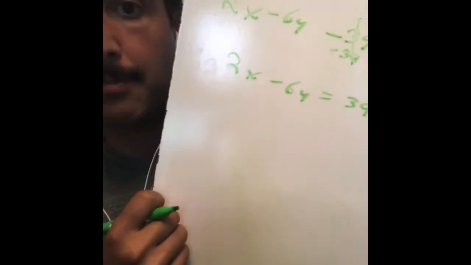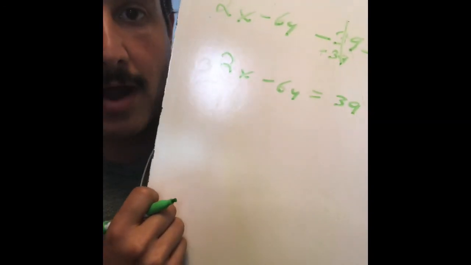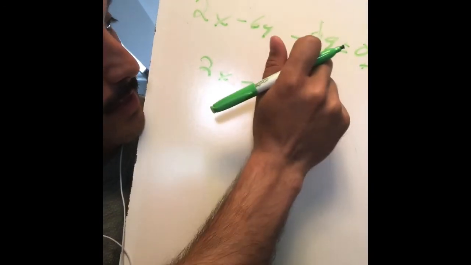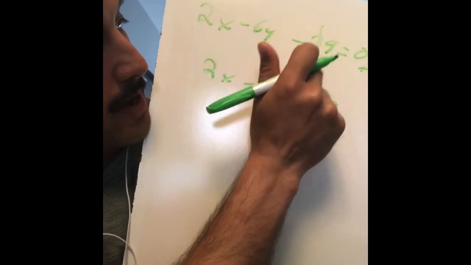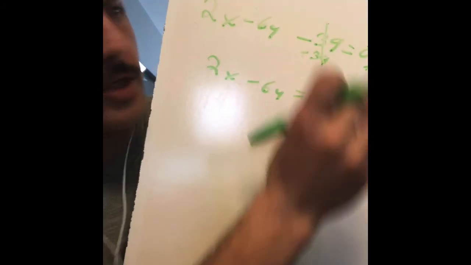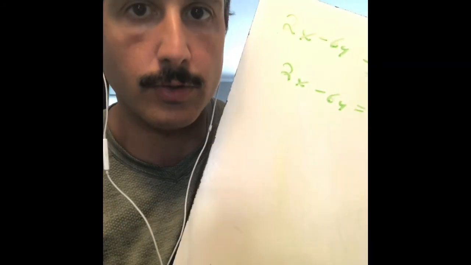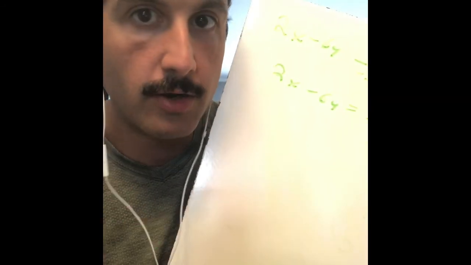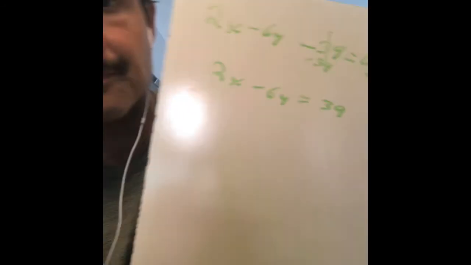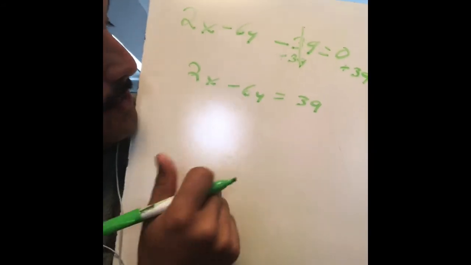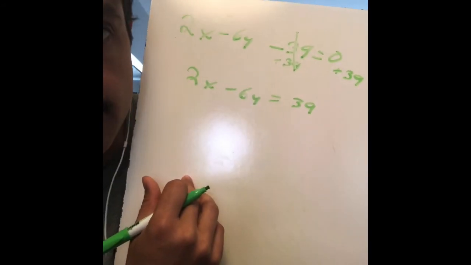Now that step, a lot of people on the test were having difficulty because instead of adding and adding, you just moved the negative 39 over and kept it negative 39. You have to switch the sign when you cross the equal sign. So when you move negative 39 over, it becomes positive 39. Anyways, you're here, 2x minus 6y equals 39.